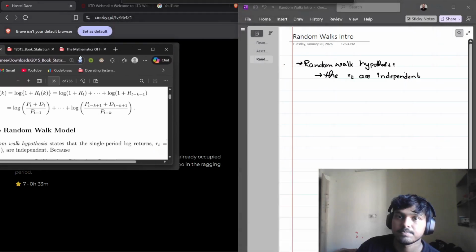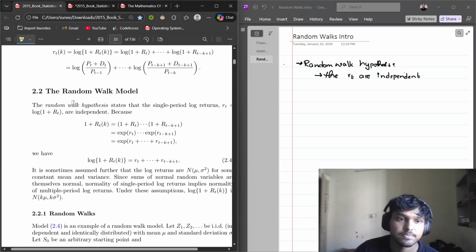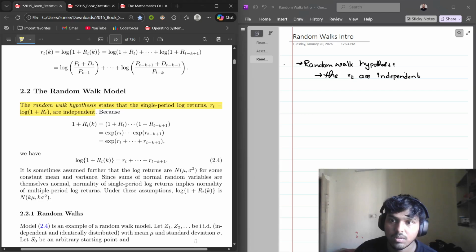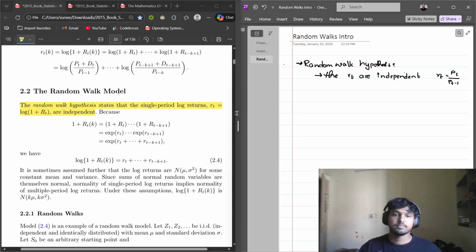That's what it says right here, where R_t is the gross return. That's what the hypothesis is.